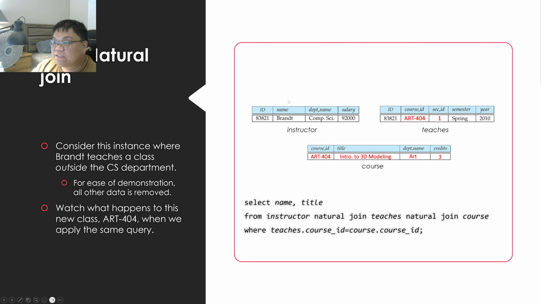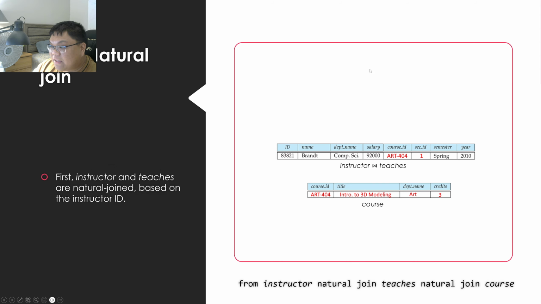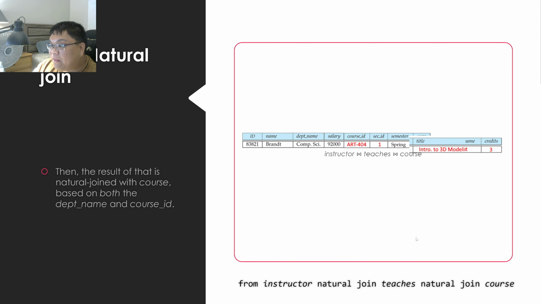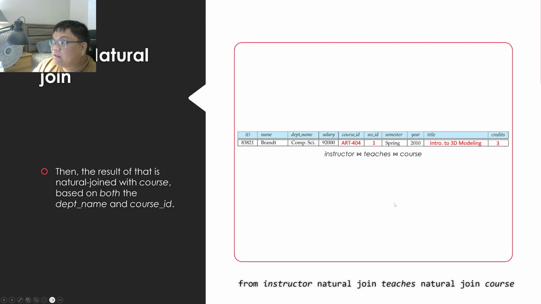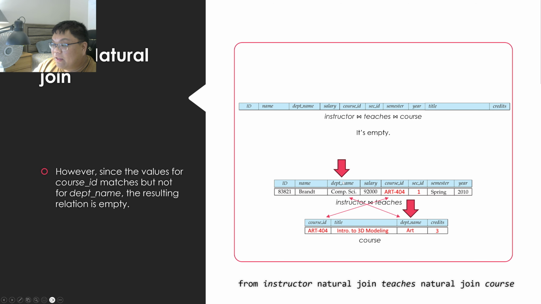Let's try it out. So we have instructor, teaches, and course. We're going to do the same query where it's natural join, then natural join. Watch what happens. So the first step is to natural join instructor and teaches, and then we natural join the result of that with course. But the thing is this: both the values for department name and course ID must match.